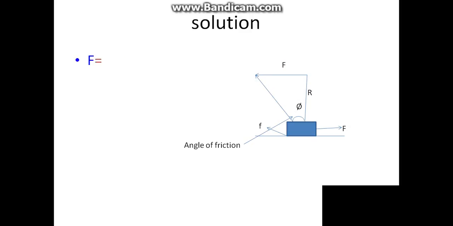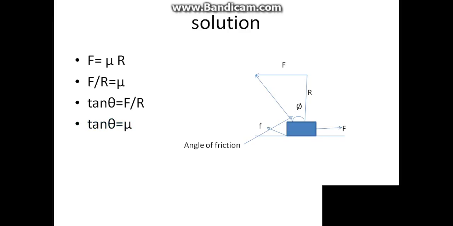We know that limiting frictional force F is equal to coefficient of friction mu times normal reaction R. Making mu the subject of the formula, we have limiting frictional force over normal reaction. Therefore, tan theta is equal to limiting frictional force over normal reaction.